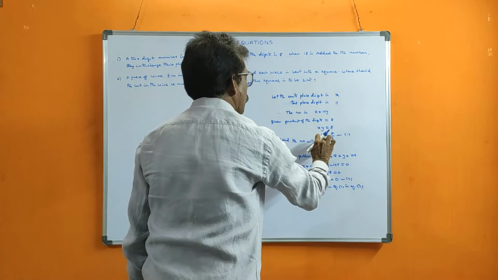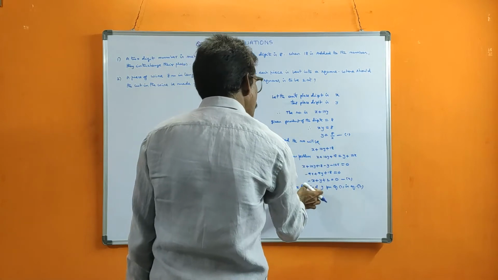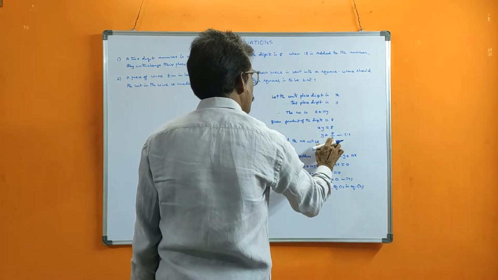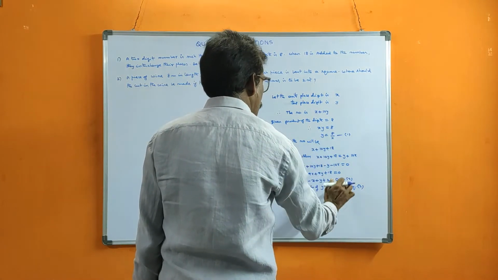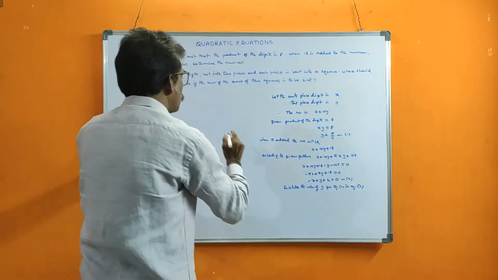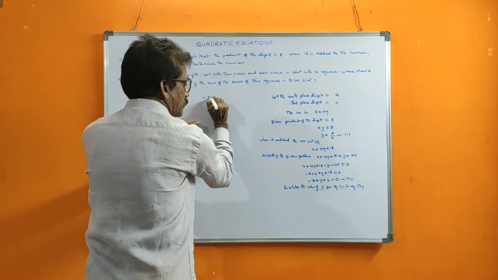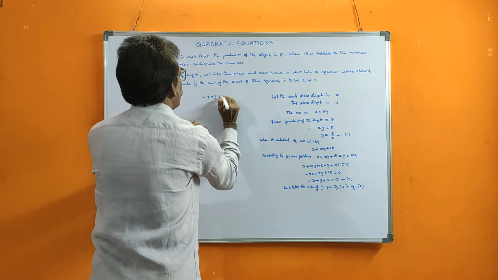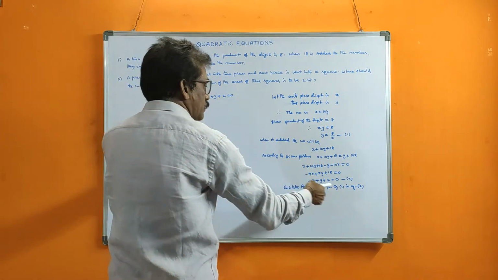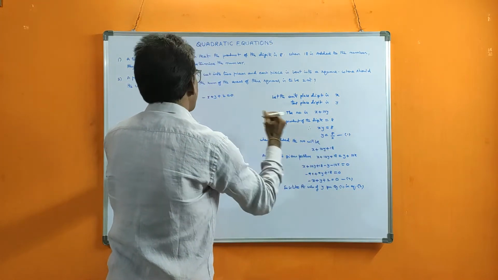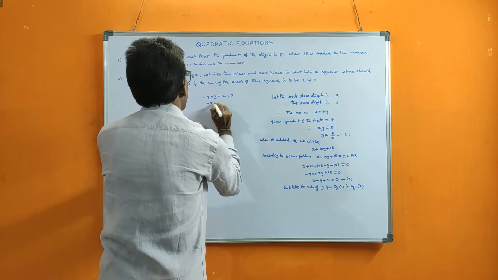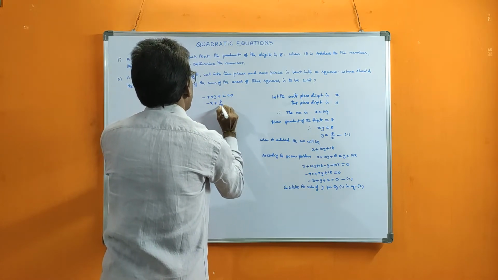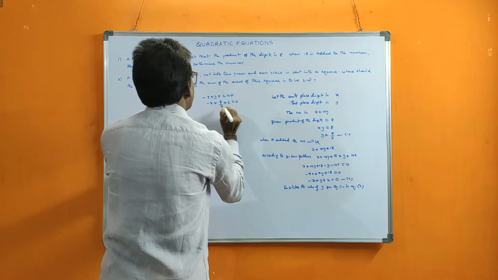The value of y from equation 1 is y equal to 8 by x. This value is substituted in equation 2. What is equation 2? Minus x plus y plus 2 is equal to 0. In this, you substitute 8 by x instead of y. So minus x, instead of y you write 8 by x, plus 2 is equal to 0.